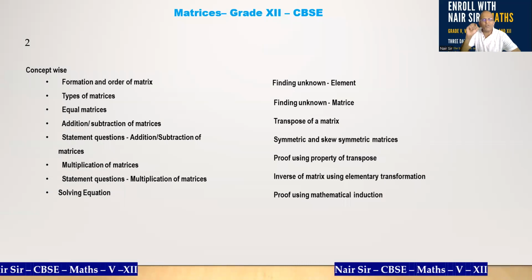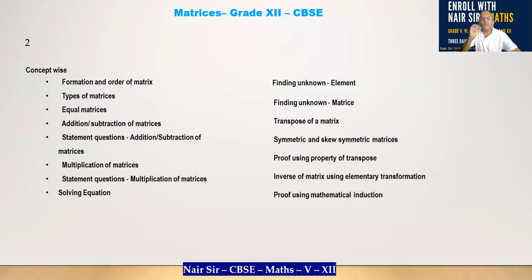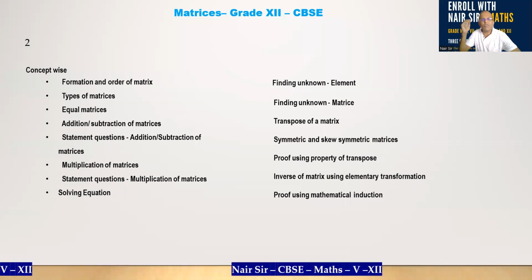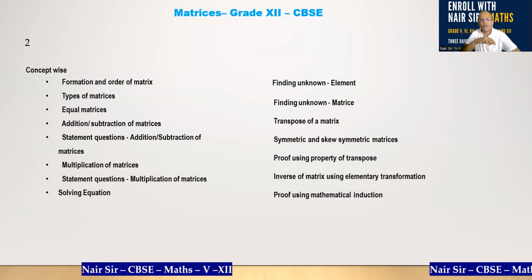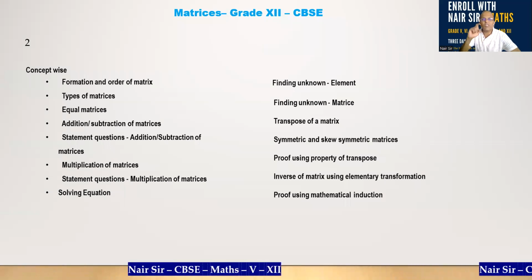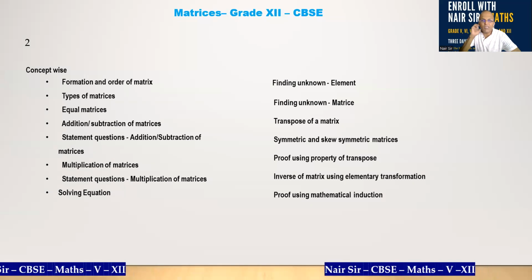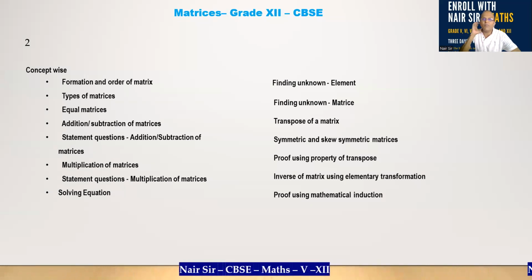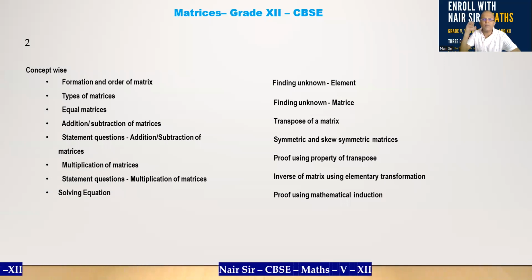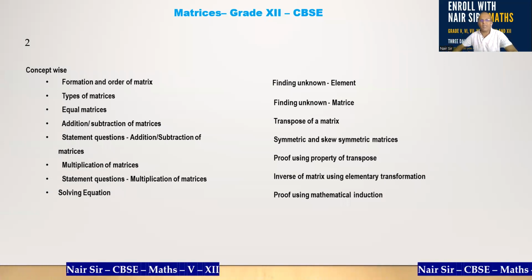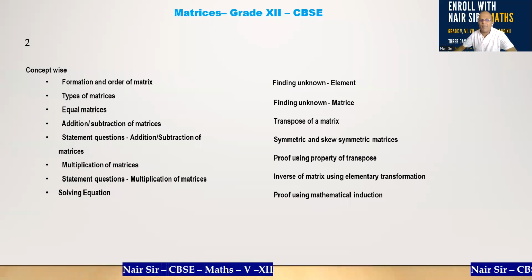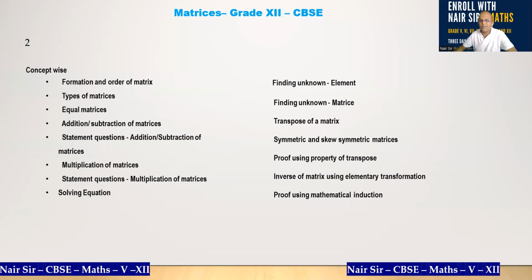What is transpose? Transpose, if you remember from your linear equation, was moving left hand side to the right hand side and vice versa. In matrices, if I want to transpose a matrix, I'm going to change the rows to columns. That's it. Am I clear? Inverse of a matrix, symmetric and skew symmetric matrix and everything. And proof using mathematical induction.